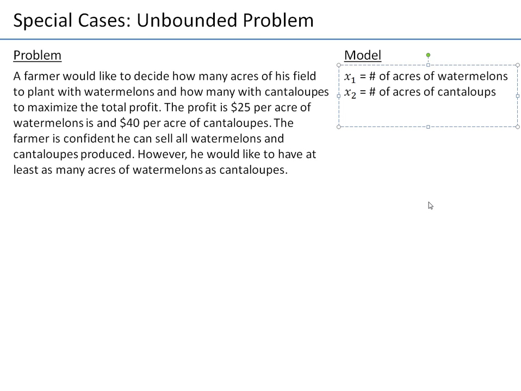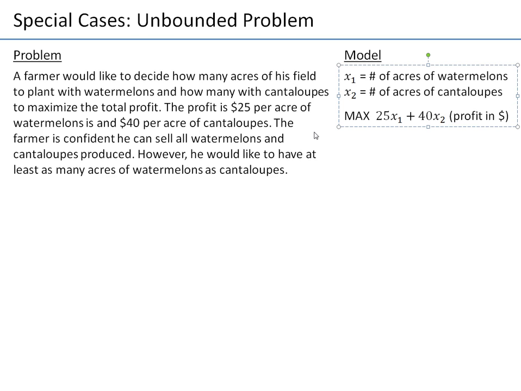Now the objective is, of course, to maximize the total profit, which will be 25 times the number of acres of watermelons, $25 for each acre of watermelons, plus 40 times x2. So we can comment here: profit in dollars.